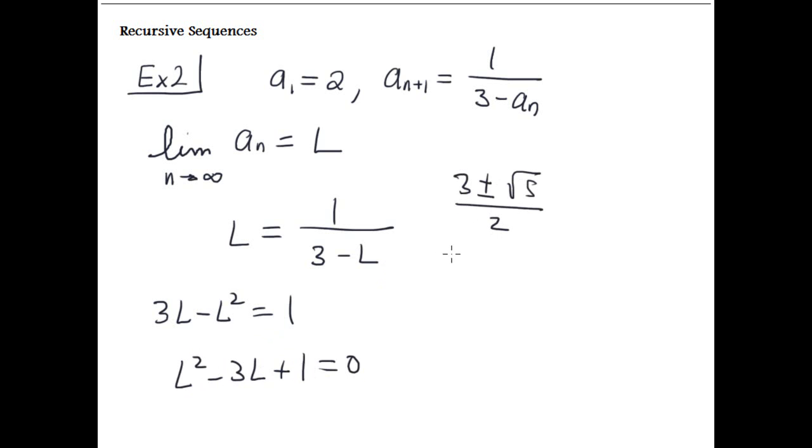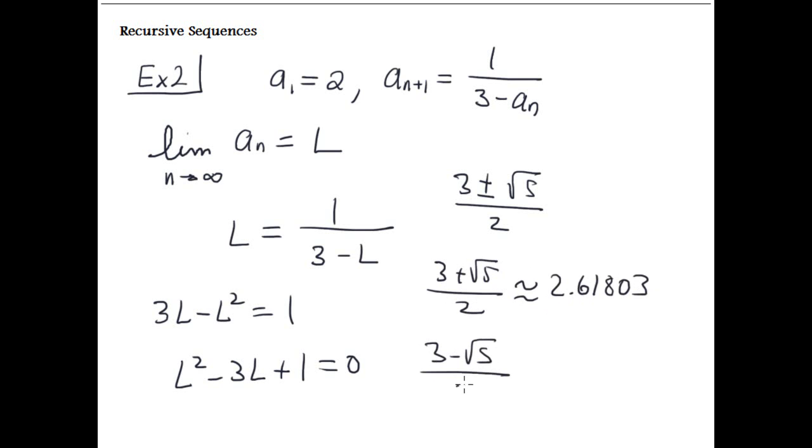So remember, 3 plus radical 5 over 2 is approximately 2.61803 in decimal, and 3 minus radical 5 over 2 is approximately 0.38196, and this is the value for the limit in this case.